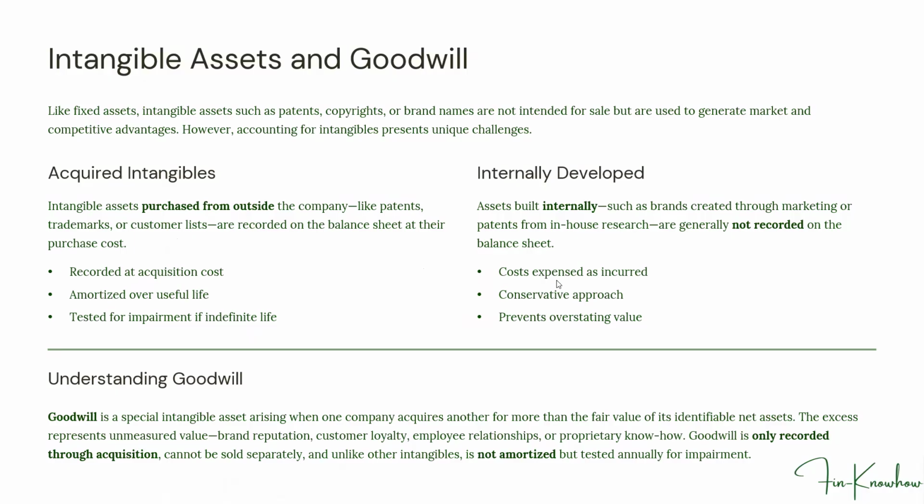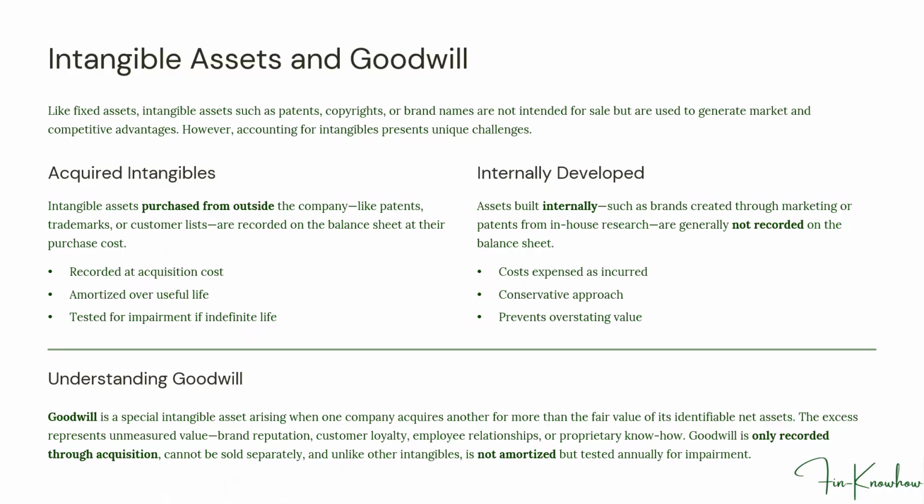So where the accounting of intangible assets gets quirky is that if these assets were internally developed, they will not show up on the balance sheet. Okay? Same assets, but because they were internally developed and not acquired from a third party, they are not recorded on the balance sheet. The logic for that is tied to the principles of being conservative in its recording.